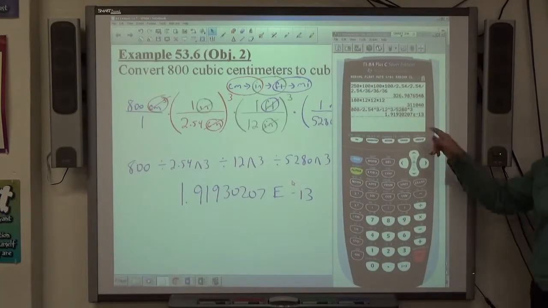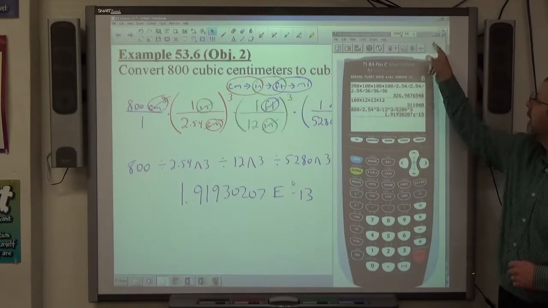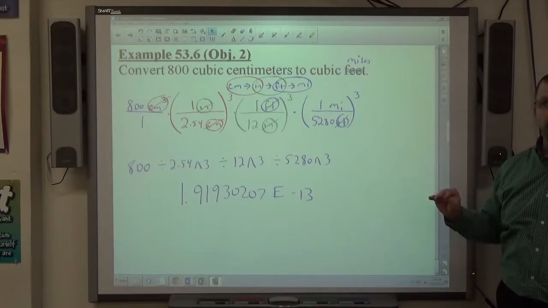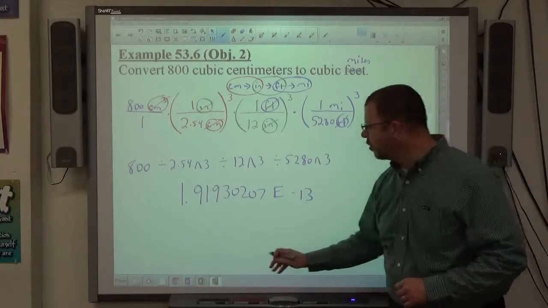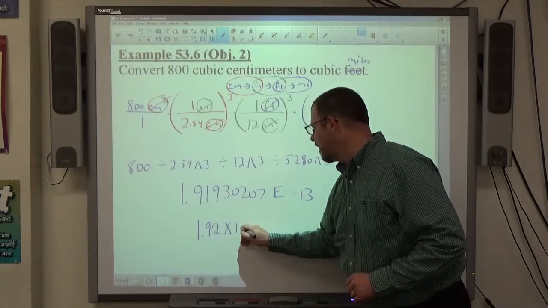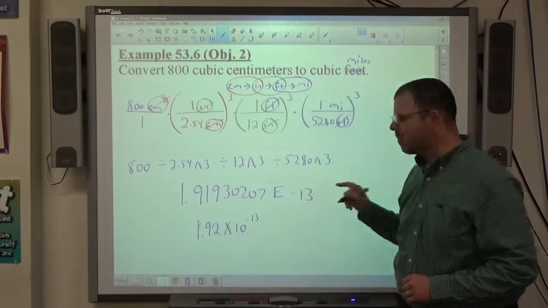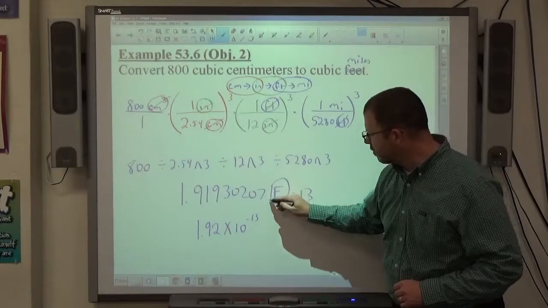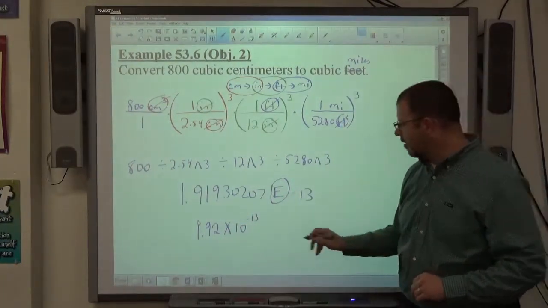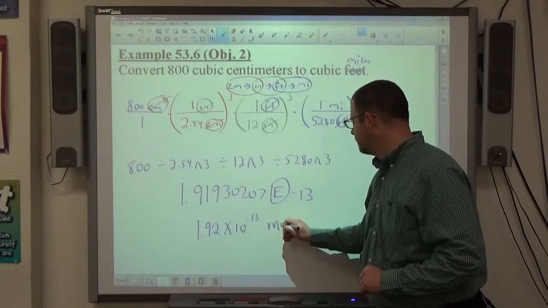Other calculators will actually put times 10 to the negative 13th power. But most of the calculators that you guys have are going to say e negative 13. I want you to write down this, 1.92 times 10 to the negative 13th power. That's what that means. This e thing just means times 10, and that's the power. And that's going to be cubic miles.